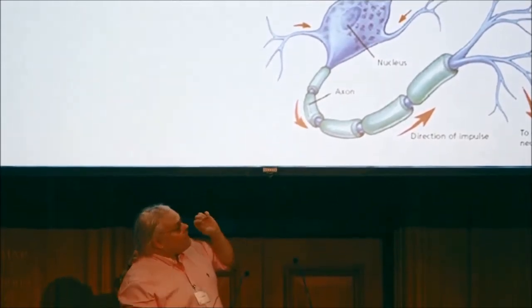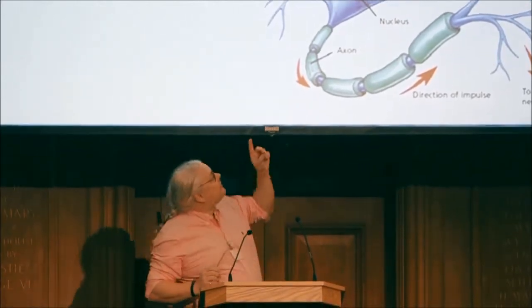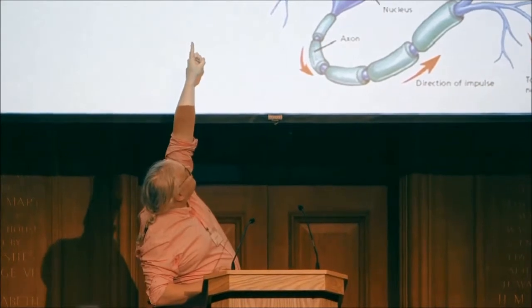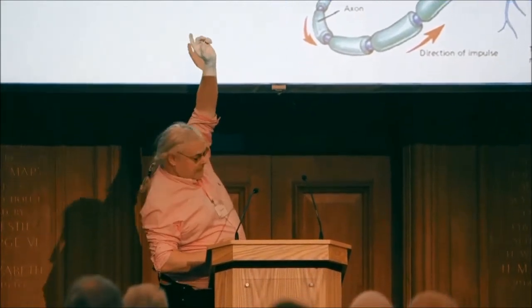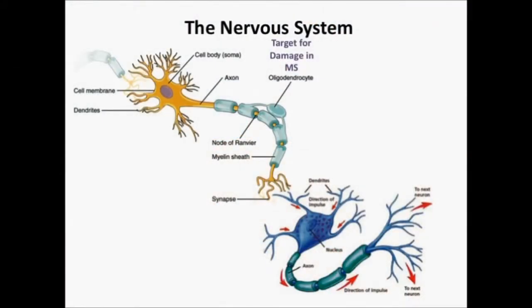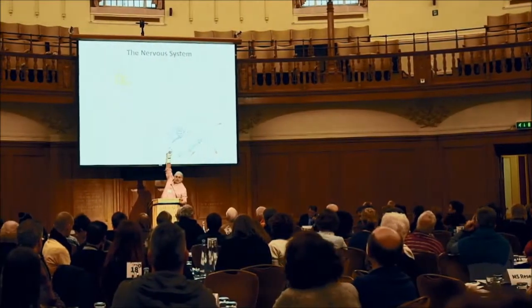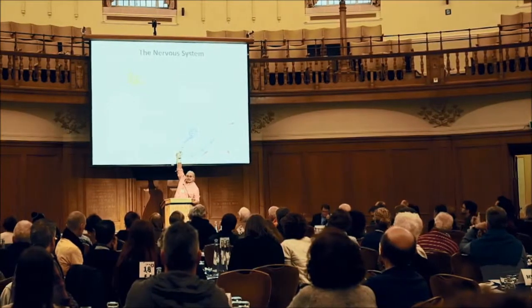The reason the nerves can work so fast is because of an insulating sheath that wraps around the axon, and this is called myelin. It's like a fatty insulation material, and it's made by a cell called the oligodendrocyte. The problem with multiple sclerosis is that the oligodendrocyte is attacked.